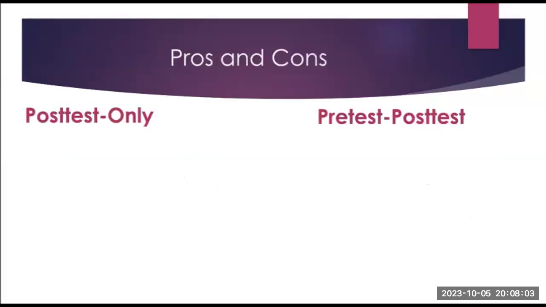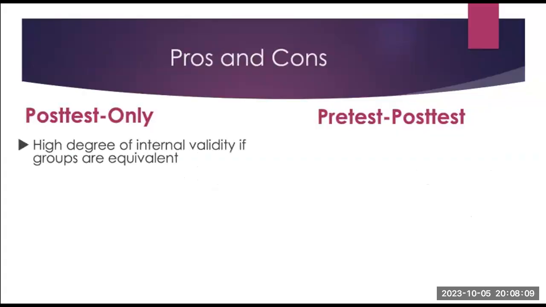All right, some pros and cons about post-test only or pre-test post-test. So if you do post-test only, you only have really high internal validity if your groups are equivalent. So that would mean, for instance, like the Stanford prison experiment, they went out of their way to make sure that all the participants were as homogeneous as possible.